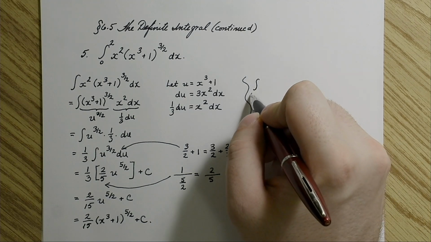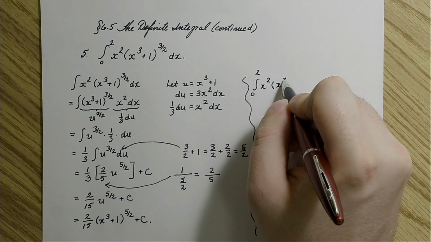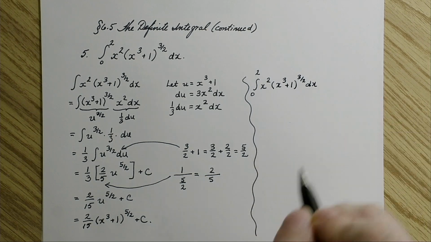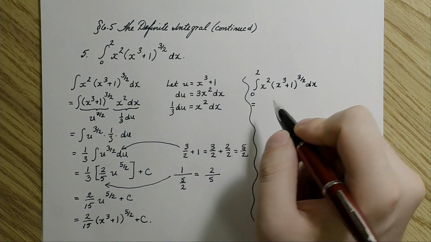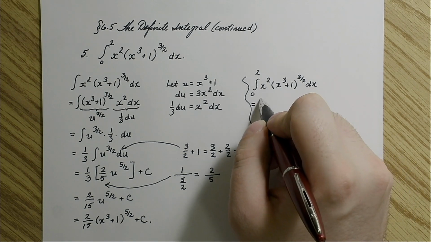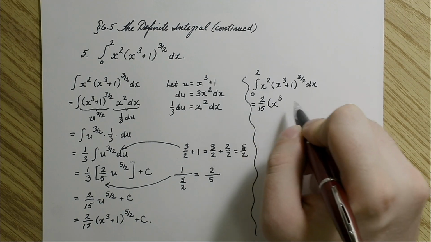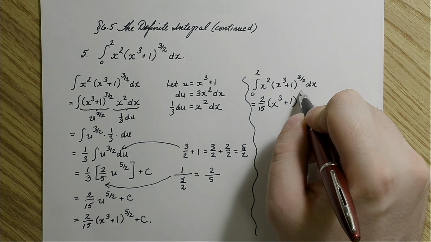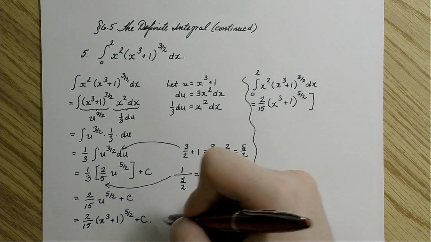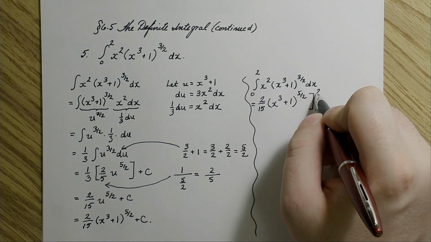Now I can actually solve the definite integral of this. So we know what the antiderivative is now. It's 2/15 times (x cubed plus 1) to the 5/2. We don't have to worry about the constant of integration, because we're using a definite integral, and the limits are from 0 to 2.